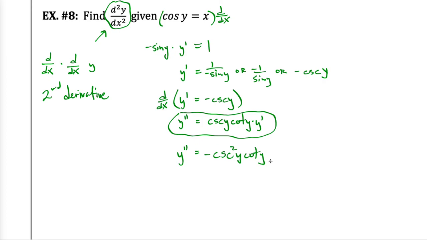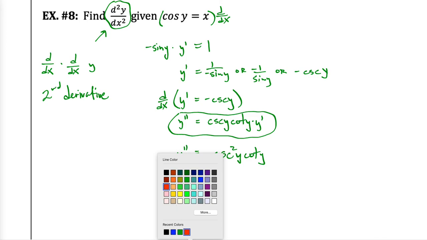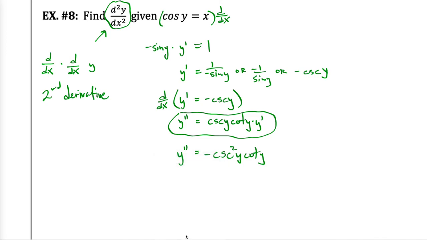Like substitute y prime in? Yeah, so it's weird. I mean, I get why it's done. If you had to plug numbers into your second derivative, when you get to the portion with y prime, you would still have to go back to y prime and figure out that answer to come back.